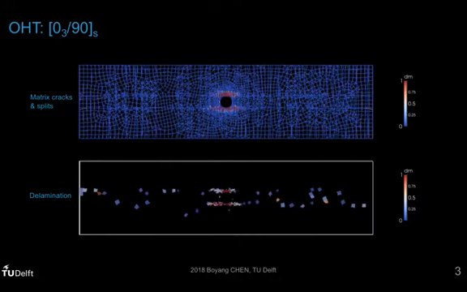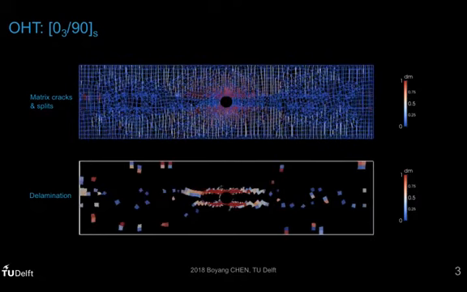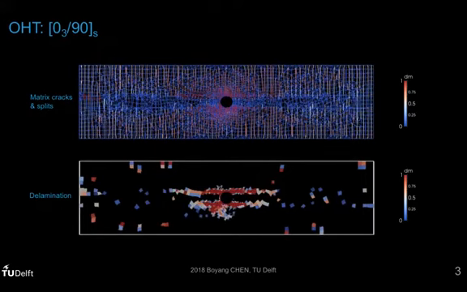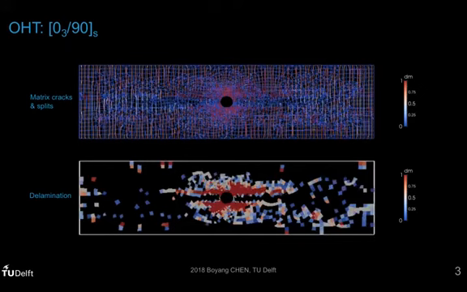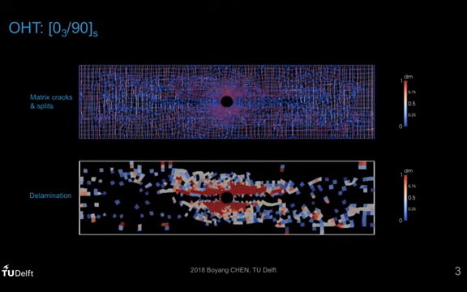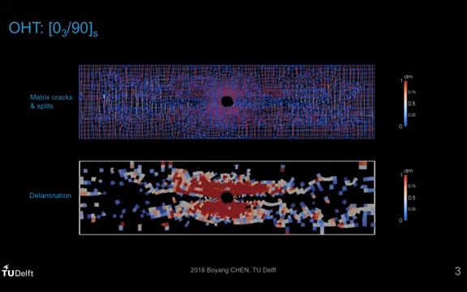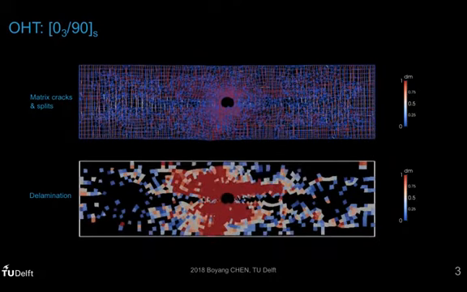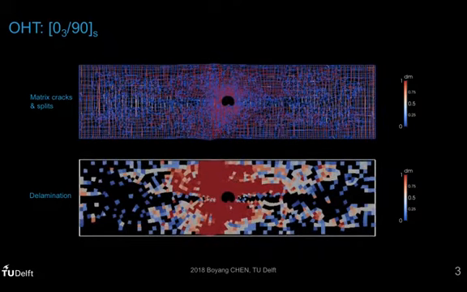This is because every edge is able to crack, so you could naturally capture many cracks. So you have a large network of matrix cracks and a large area of delamination.